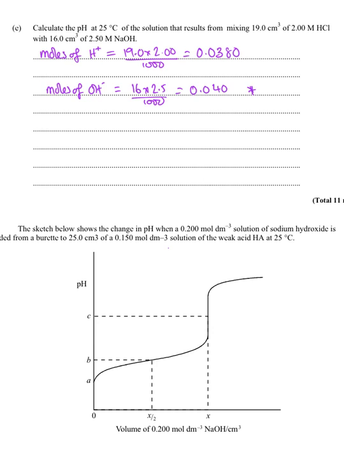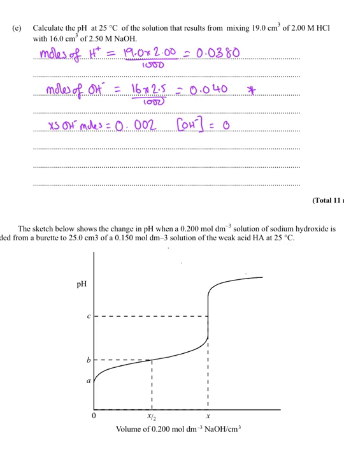So the next thing to do is to work out the excess hydroxide moles, which will be 0.04 minus 0.038. So it's 0.002. Then we want to work out the concentration of the hydroxide ions.